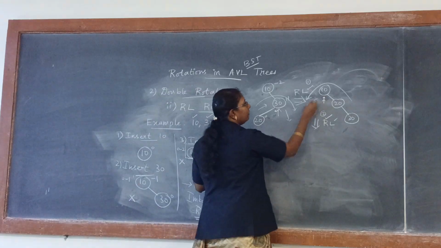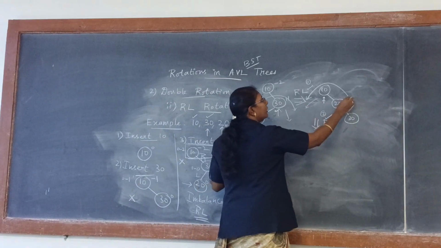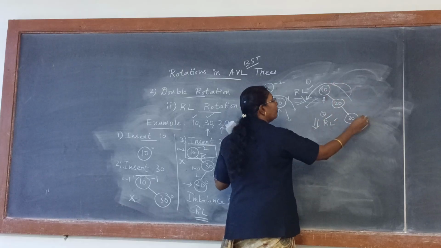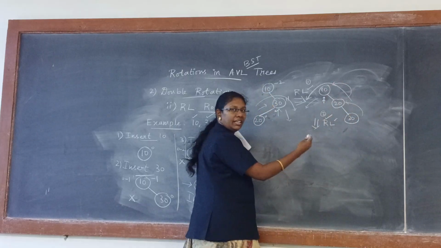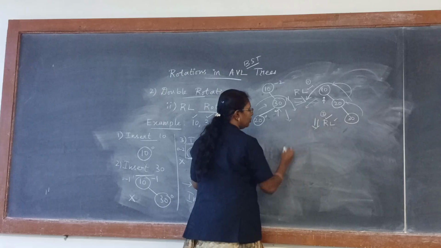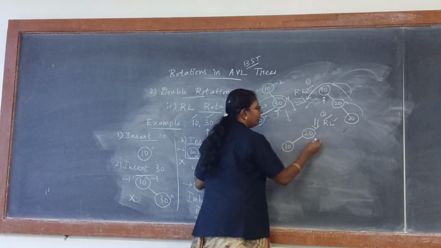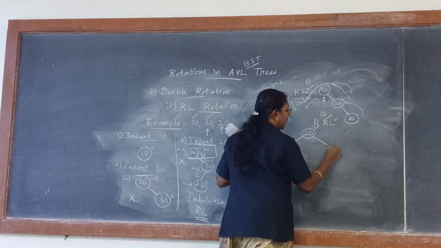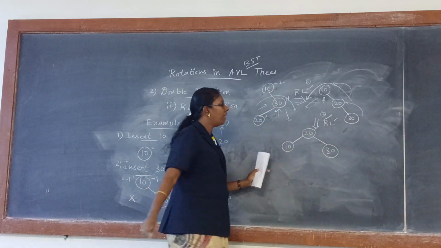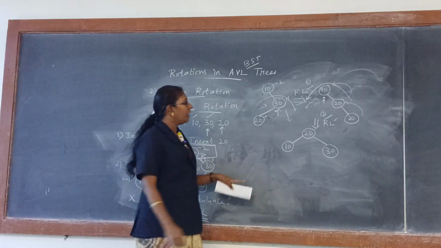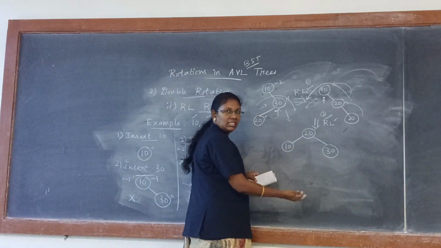So what will happen? 10 will come to this point, 20 will be the root node, and 30 will follow 20 on the right side. Now we have achieved a balanced tree structure. What are the balance factors for these nodes?